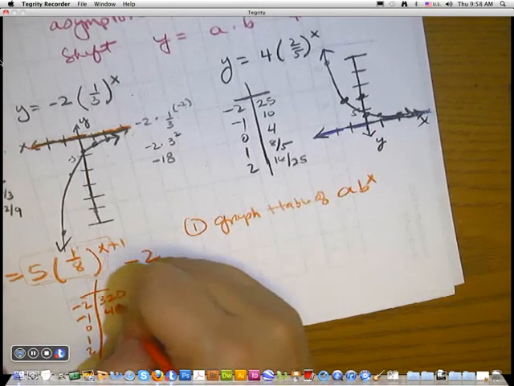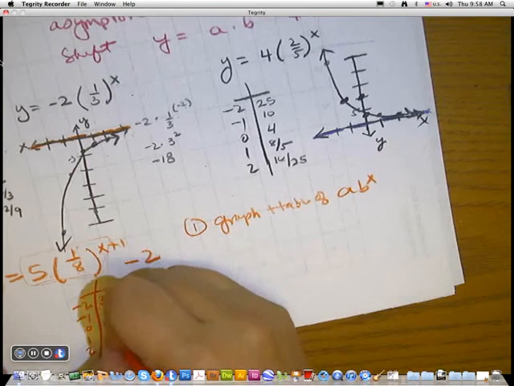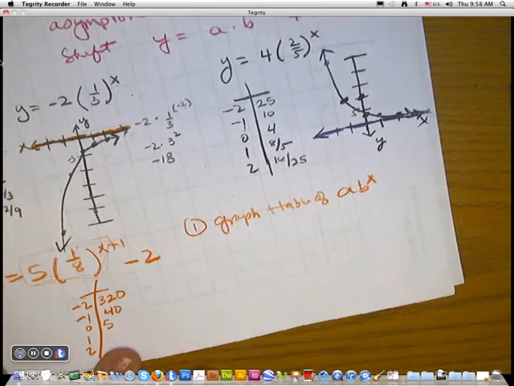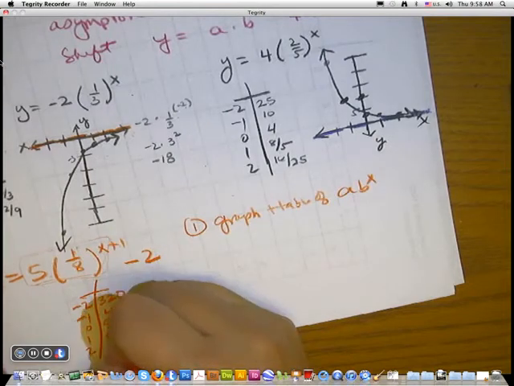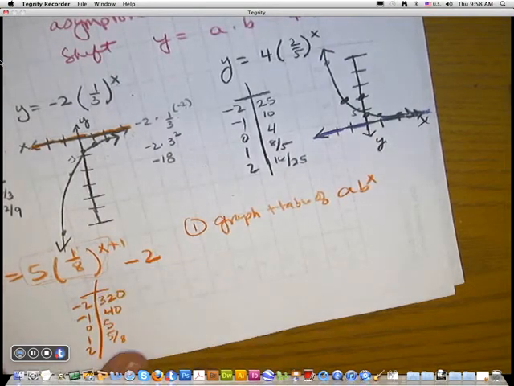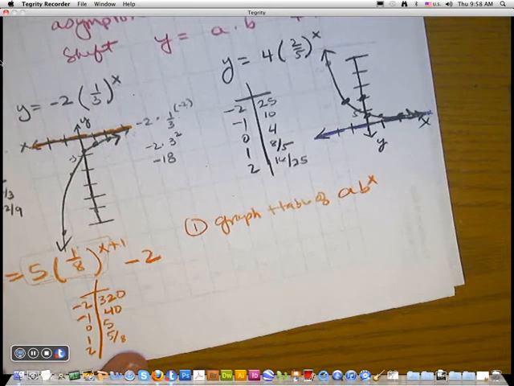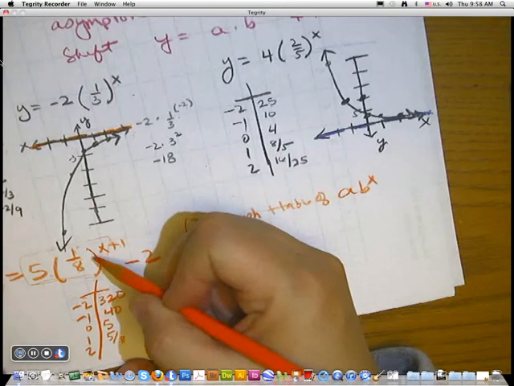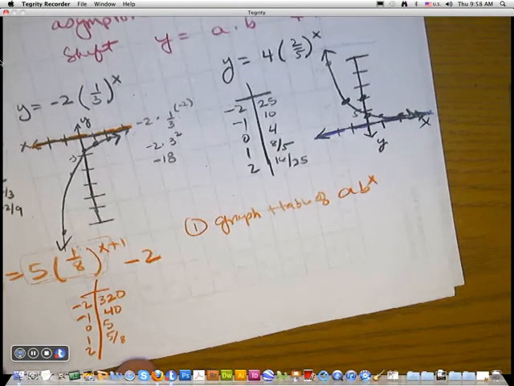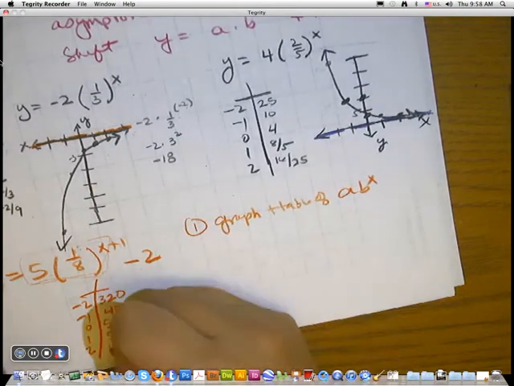Negative 1 gives me 40. 0 gives me a 5. 1 gives me 5/8. And then the 2 gives me 5 over 5/12.